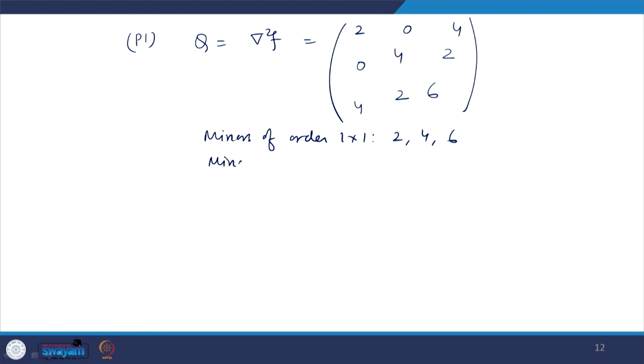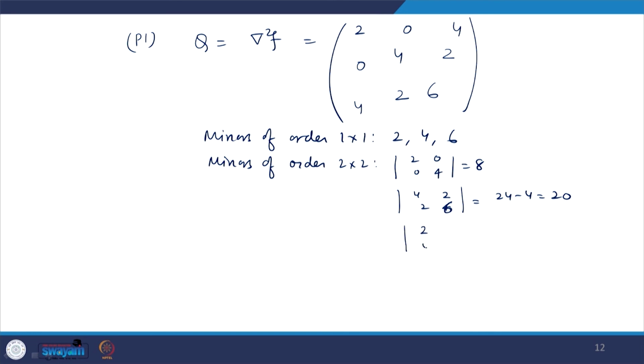Minors of order 2 cross 2 are the determinant of 2 0 0 4, which is 8, the determinant of 4 2 2 6, which is 24 minus 4 is 20, which is positive again, and it is 2 4 4 6, which is 12 minus 16. So, this row and this column will be deleted, 12 minus 16 which is negative.